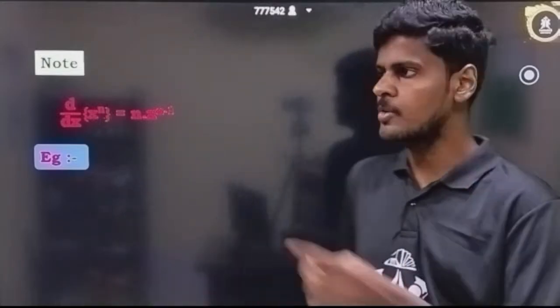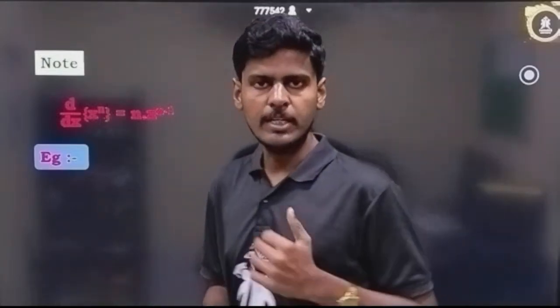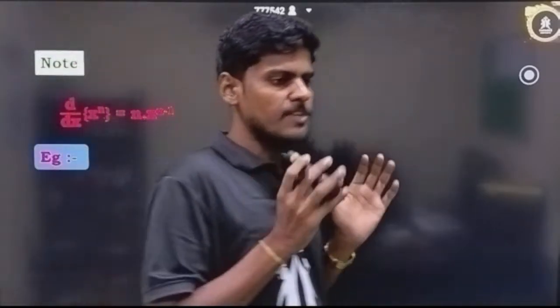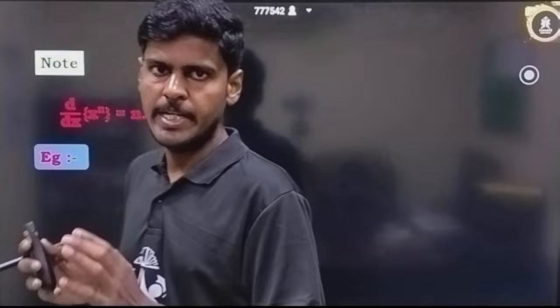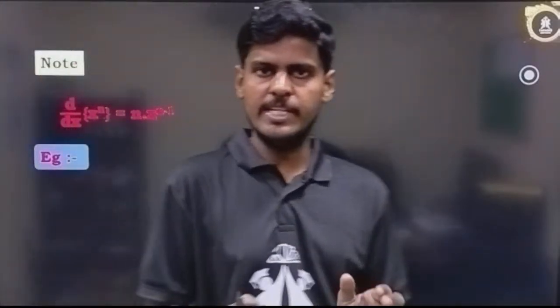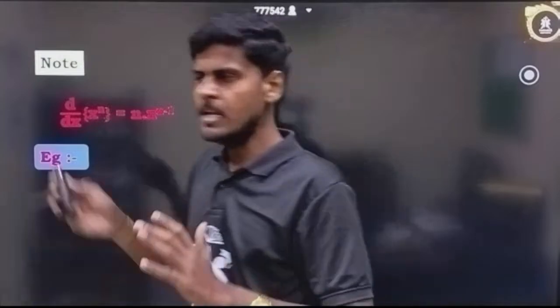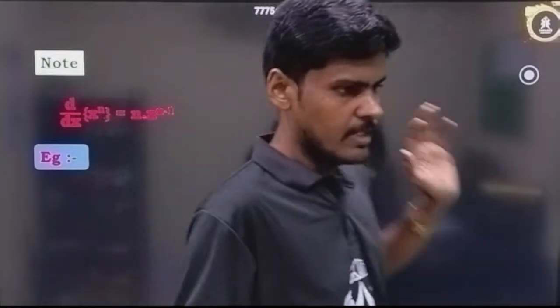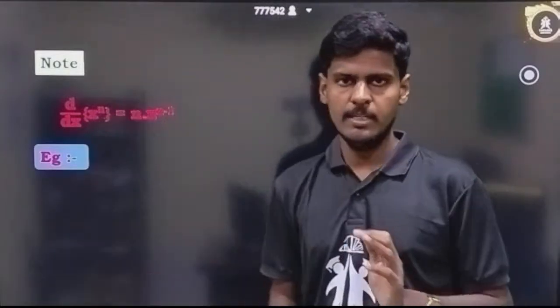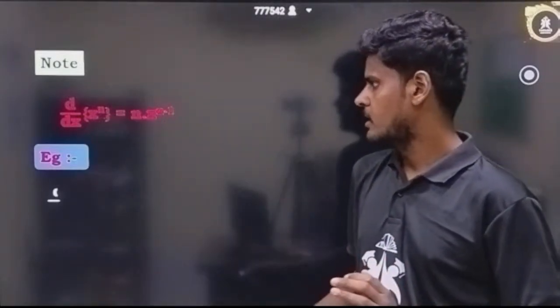We have discussed how to do the expansion for rational powers. Again the formula is exactly the same. Instead of writing nC1, nC2, we will write n into n minus 1 by 2 factorial, n into n minus 1 into n minus 2 by 3 factorial, etc. We will just expand and write whatever the power is. It can be fractional also. So the formula remains the same irrespective of the power. This is the derivative of x power n.